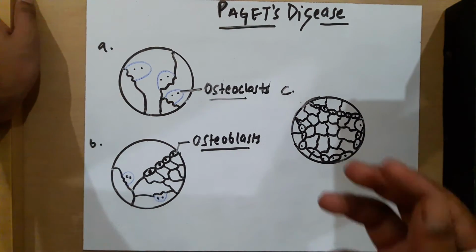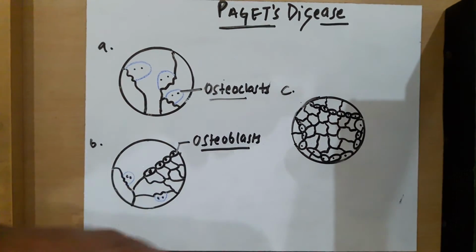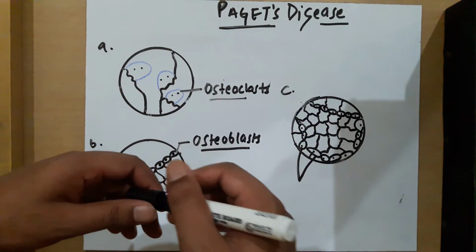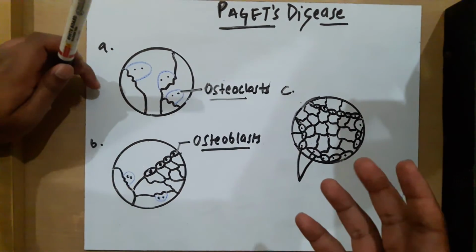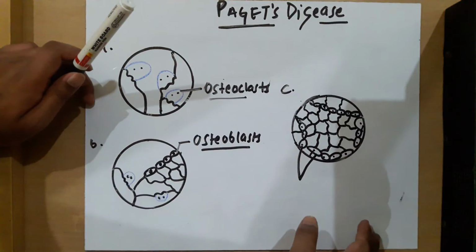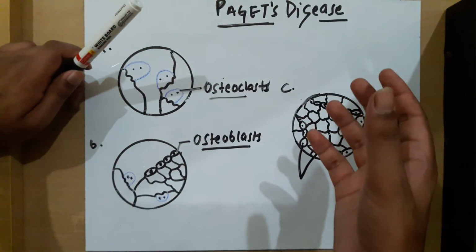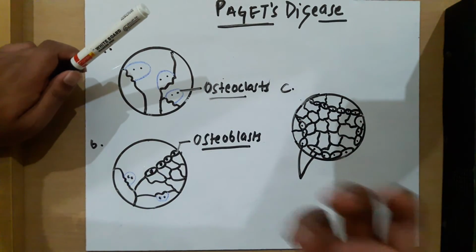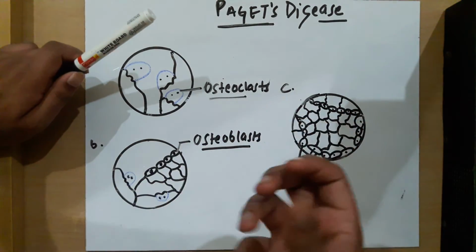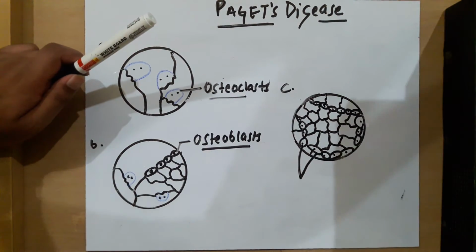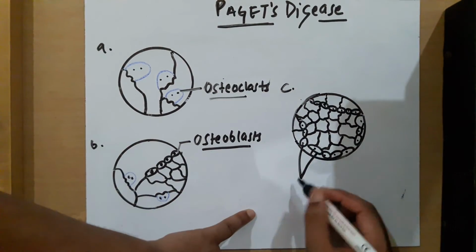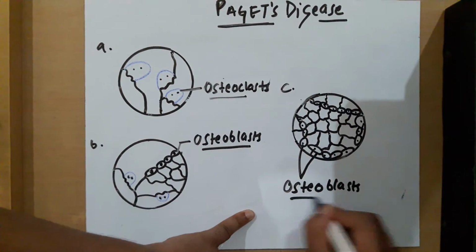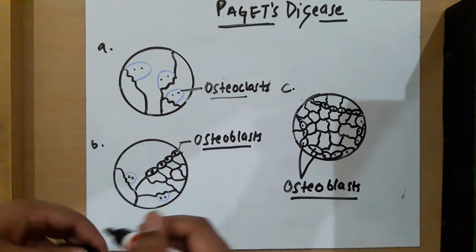These figures say the same thing that we wrote a moment ago, and drawing these figures will help build a good impression on the teacher who is supervising your answer sheet, and may help you get some extra marks. So these are the osteoblasts, and this area is showing the excessive bone formation.